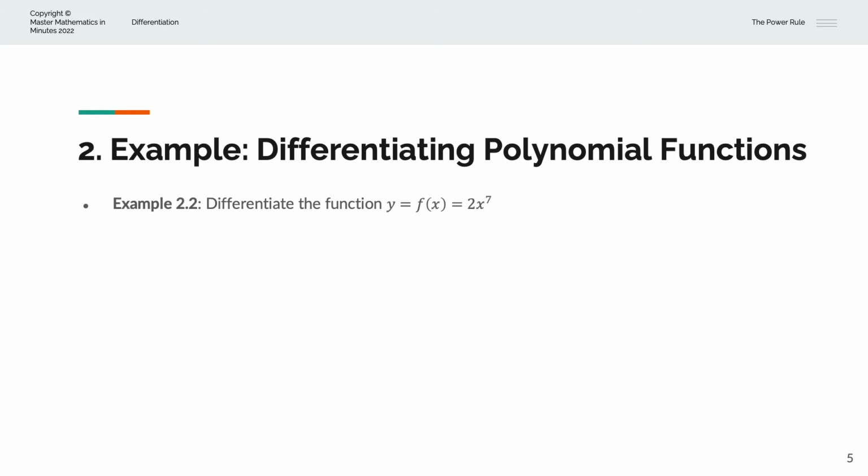So in the second example, we're asked to differentiate the function y = f(x) = 2 times x to the power of 7. So we have dy/dx = f'(x) = 2, which is the 2 at the front, and we will multiply that by 7, multiply by x to the power of 7 minus 1.